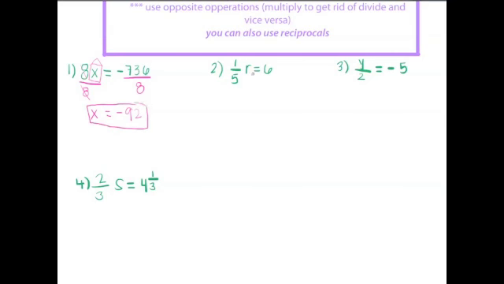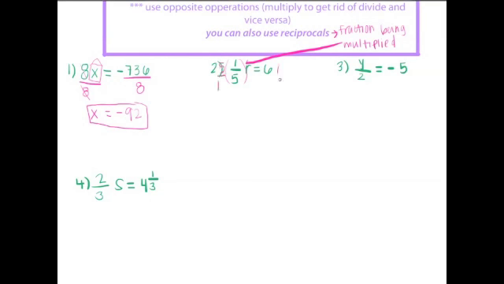Looking at number 2, here's a situation where we have a fraction being multiplied. So if you end up with a fraction being multiplied, let's write that here in the purple: you use a reciprocal when there's a fraction being multiplied. So the reciprocal of 1/5 is 5/1.